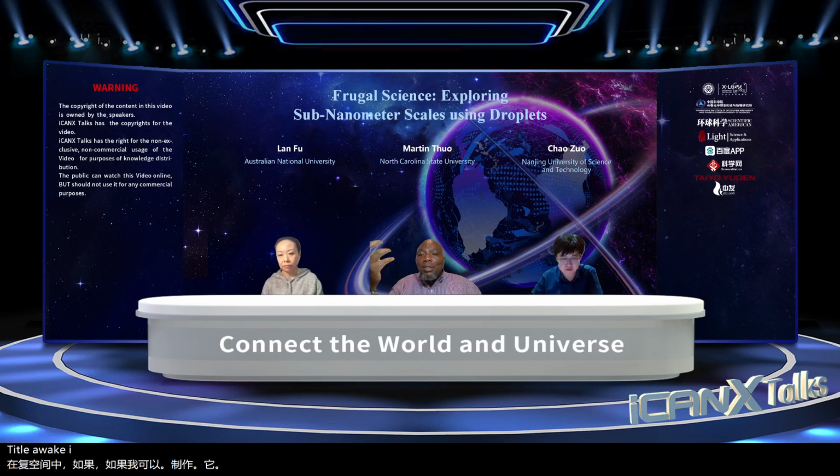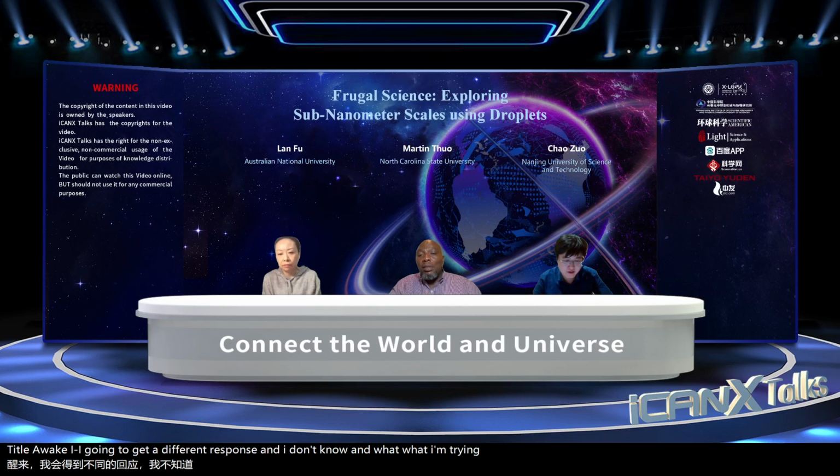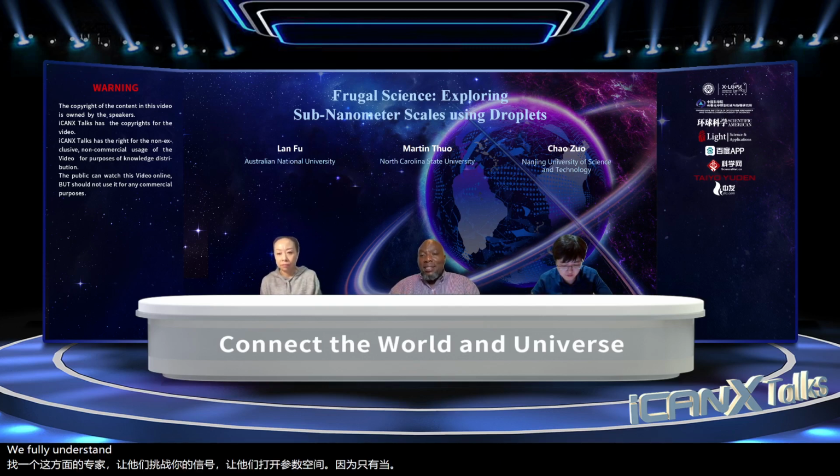Am I going to get a different response? I don't know. And what I'm trying to persuade everybody to do is, if chemistry or material chemistry is not your forte, find somebody who's an expert in it. Let them challenge your signals. Let them open the parameter space, because only when we fully understand these systems are we going to be able to make lasting technologies. Yep.